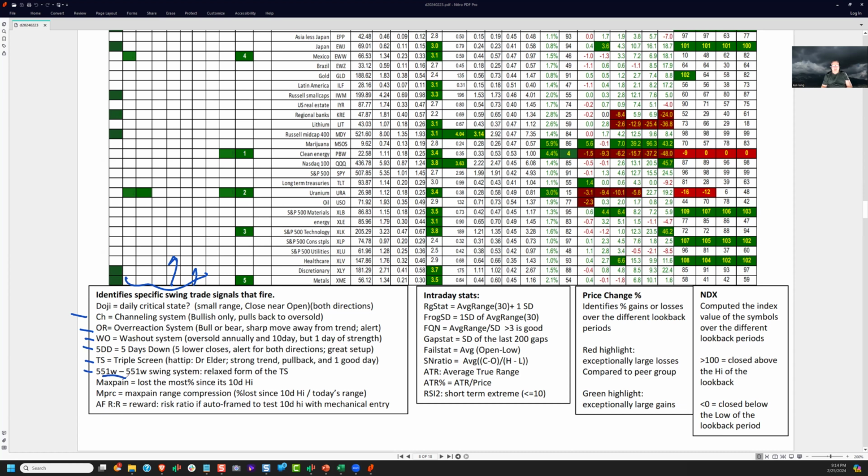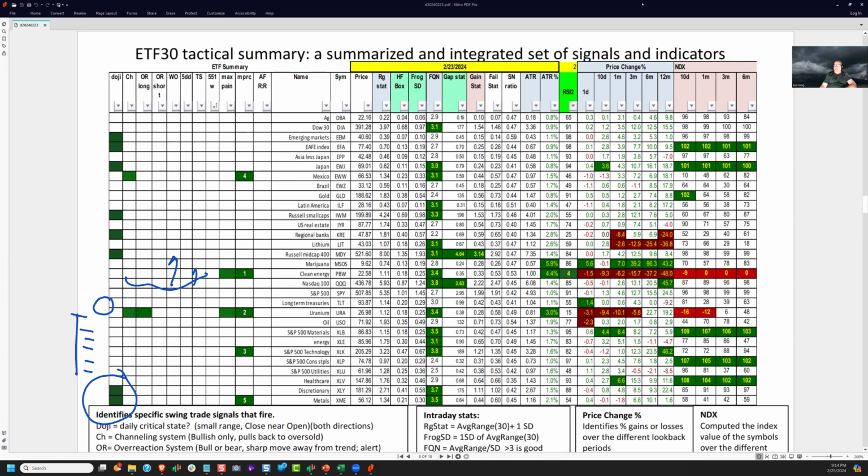Now these other ones, max pain, range compression, and the auto framer, those are strategies which you've heard me talk about before. And then I also measure to see if they're in a doji. But for these mechanical signals, I run them every day, and then I report it on here as a way to look up and frame those.